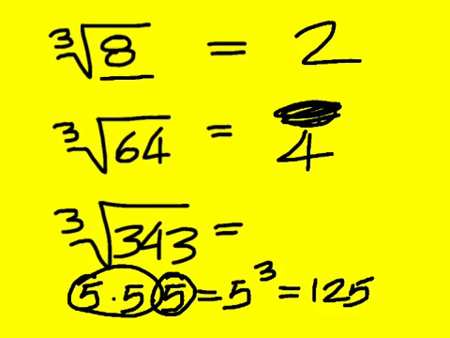And what number would I multiply by itself and then by itself again to get 343? 6 would give me 216. 8 cubed would be 512. 7, yes. So keep those in mind. You should only have to figure out the cube root of 343 so many times in your lifetime. After you see it, you should remember it after that.